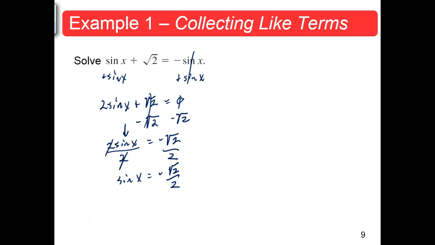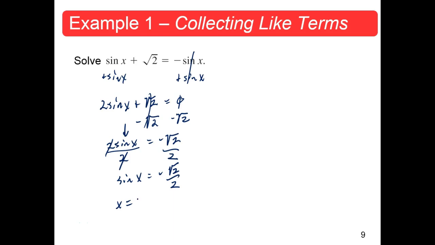Okay. So, did we ever figure out what angle we're dealing with? Well, pi fourths is our reference angle. In the third quadrant, what is the angle that has pi fourths as a reference angle? Anybody?